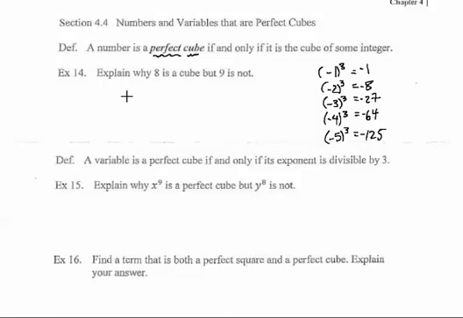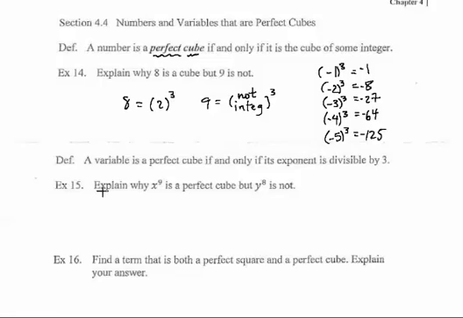Well, 8 equals 2 cubed. But 9, on the other hand, if you cube something to get a 9, whatever this number is, it is not an integer. We skipped it on the list. We went from 8 to 27, so any number in between 8 and 27 is not a perfect cube.